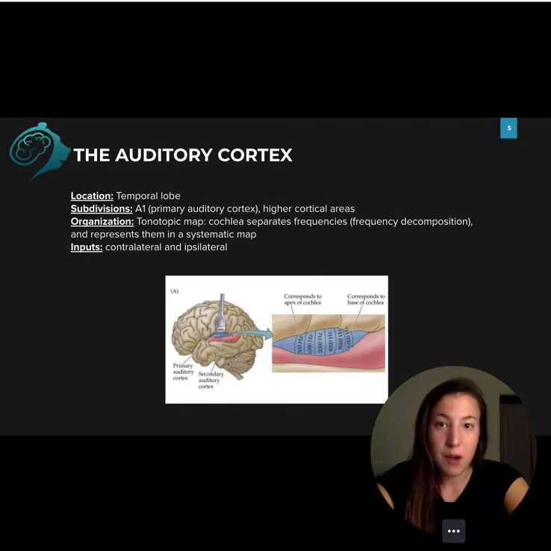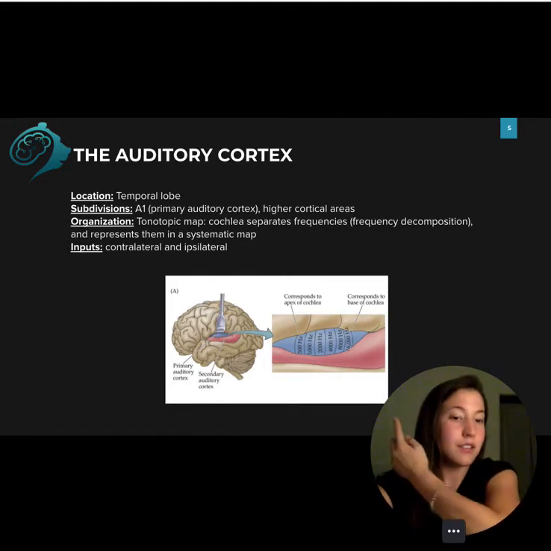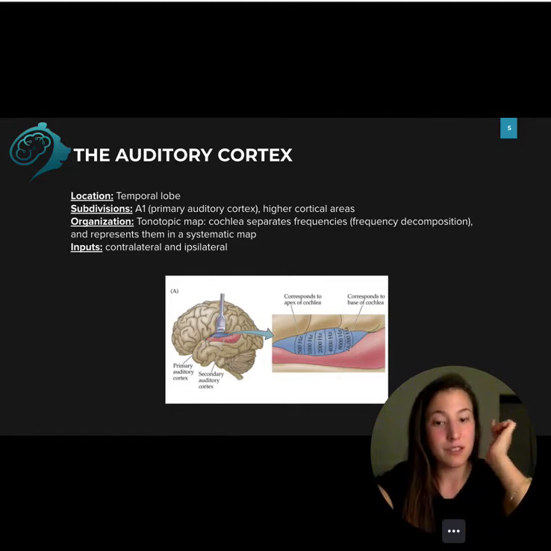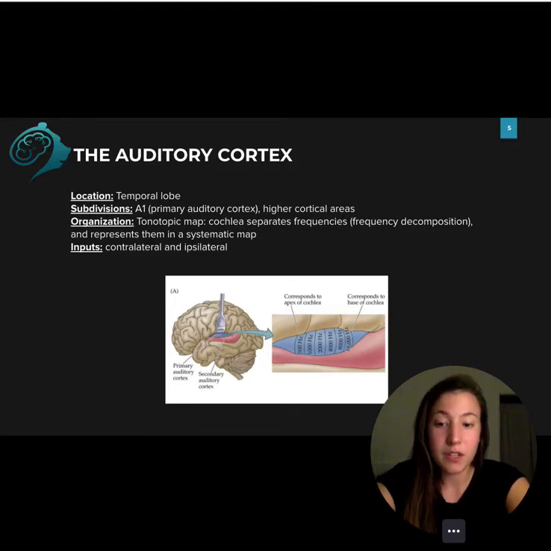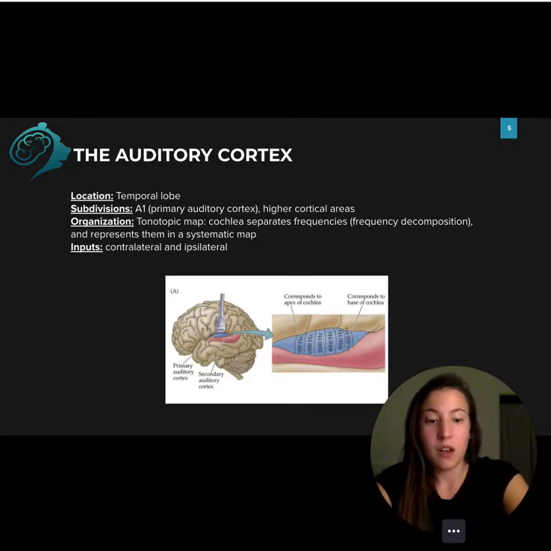So if I'm talking about the auditory cortex in my right hemisphere, then the contralateral ear is this one and the ipsilateral ear is this one. However, the signals from the contralateral ear are stronger, and if there is specific stimulation of one ear, often there is inhibition of signals from the other ear.